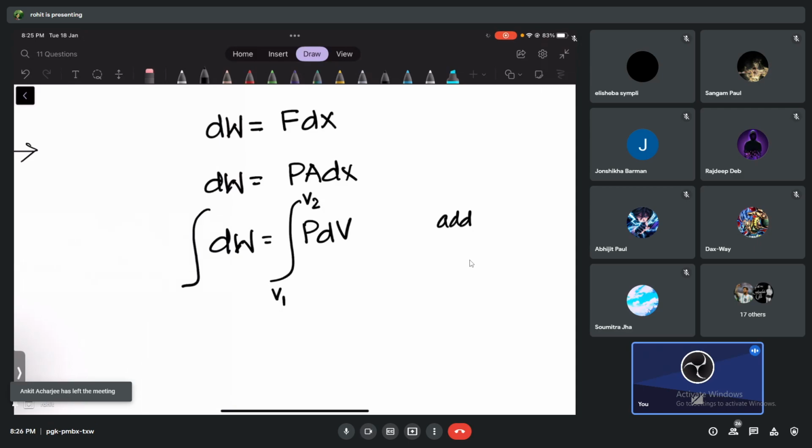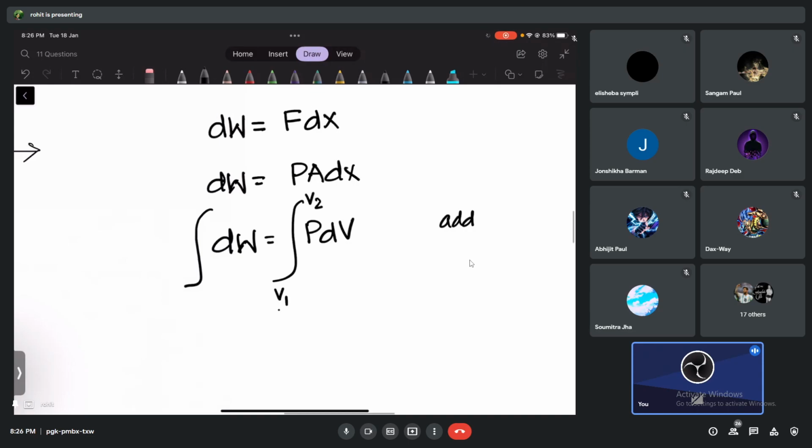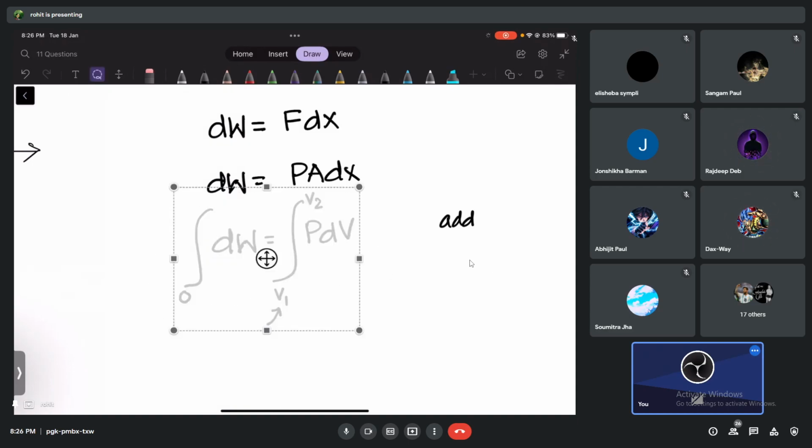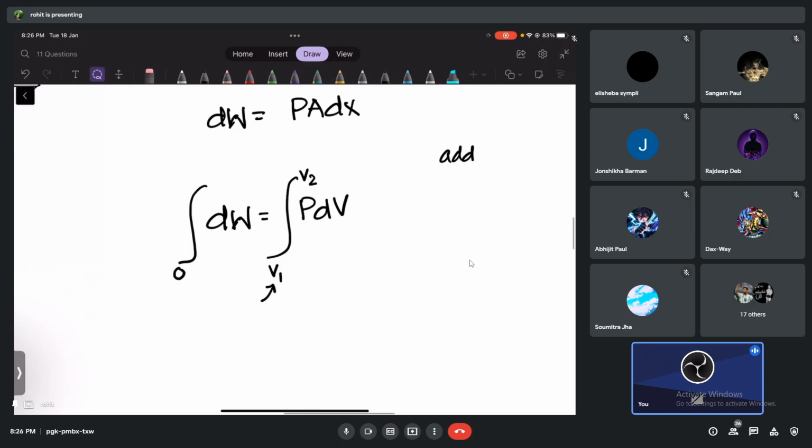Also if the volume is V1, tell me how much work is done by the gas. 0. Because when the volume is V1, it is the initial volume, we just started, the piston has not been pushed, that means the corresponding work done by the gas is also 0.